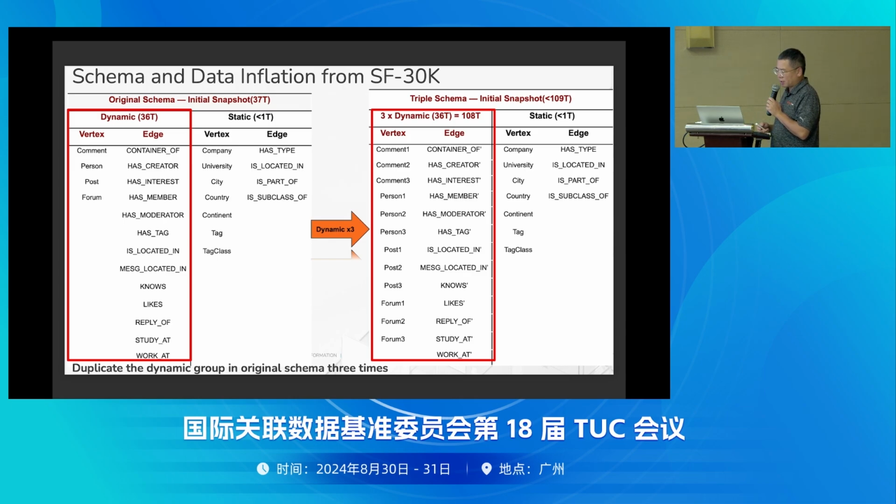The first is the dynamic part, whose volume usually increases as timestamp elapses. The second subset is static vertex and edge types. Those vertices and edges represent static units or objects, such as company, university. You don't tie those entities to the time dimension.